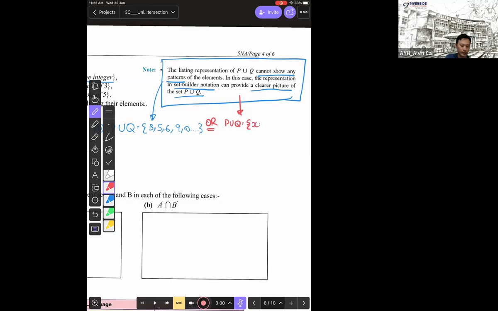So we write x, where x is either a multiple of 3 or a multiple of 5, bracket.